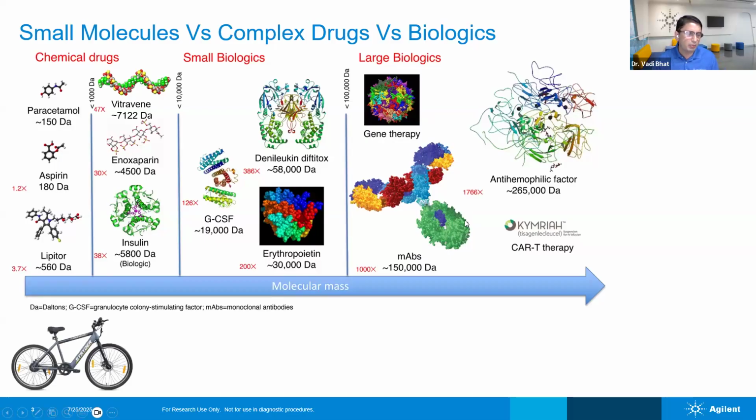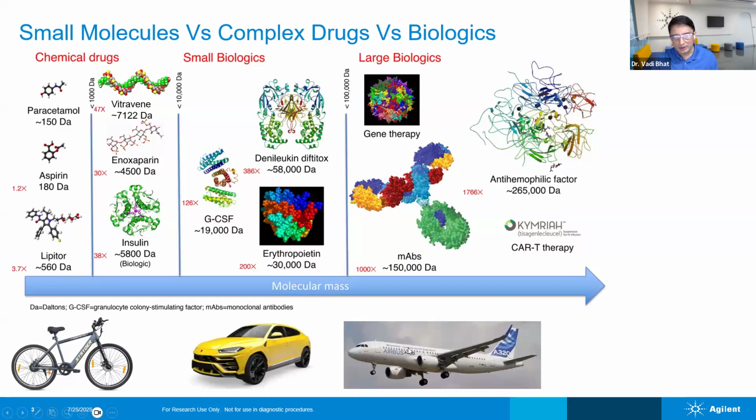Now, the small molecules, by analogy, are like really simple things like a bicycle. If you want to characterize a bicycle, it may not be that difficult for anybody. I can dismantle it and put it together, and anybody can do it. But when you look at a car, you can say complex drugs, or smaller peptides and smaller proteins, are like a car.